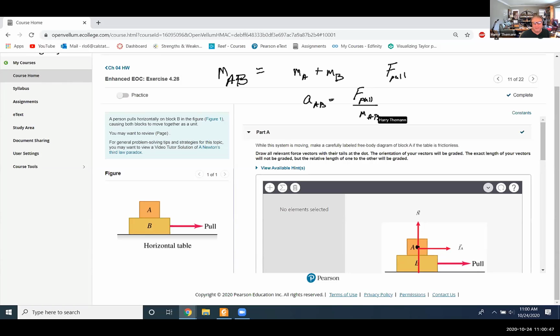All right, so then you look at what's the force that B gets by itself? It's going to be MB times AB. So it has some force on it. Let's think about it. It gets a force just enough to give it that acceleration.